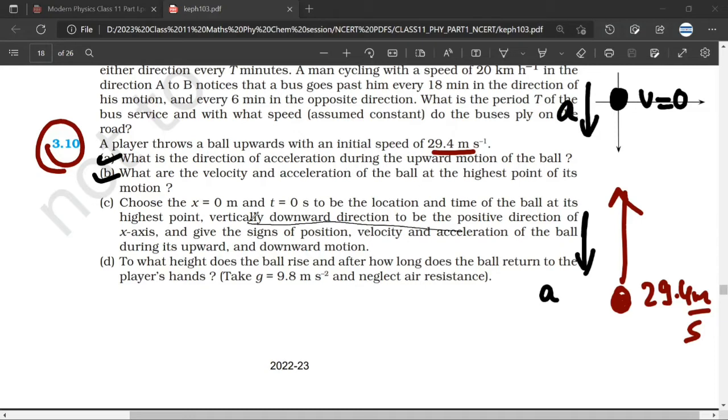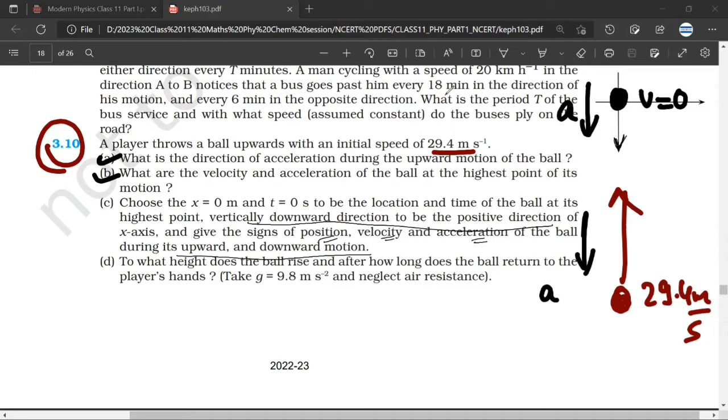Vertically downward direction to be the positive direction. So I have made the vertically downward direction the positive direction. And give the direction of position, velocity, acceleration of the ball during its upward and downward motion. Have we understood the question?